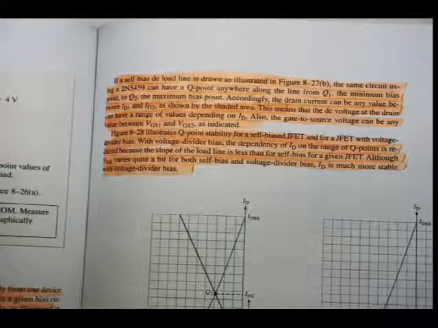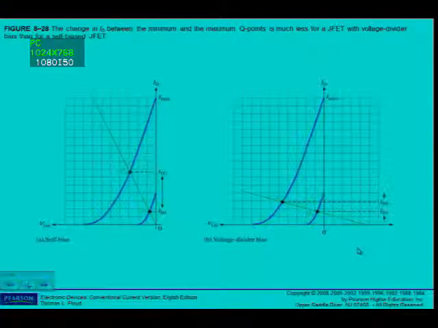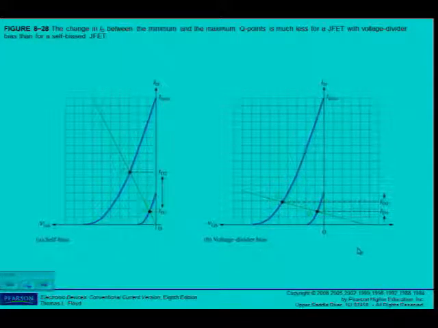Alright, here you can see the comparison between the two. Figure 8.28 illustrates the Q point stability for a self-bias JFET and for a JFET with a voltage divider bias. With voltage divider bias, the dependency of ID on the range of Q points is reduced because of the slope of the load line that is less than for self bias for a given JFET.